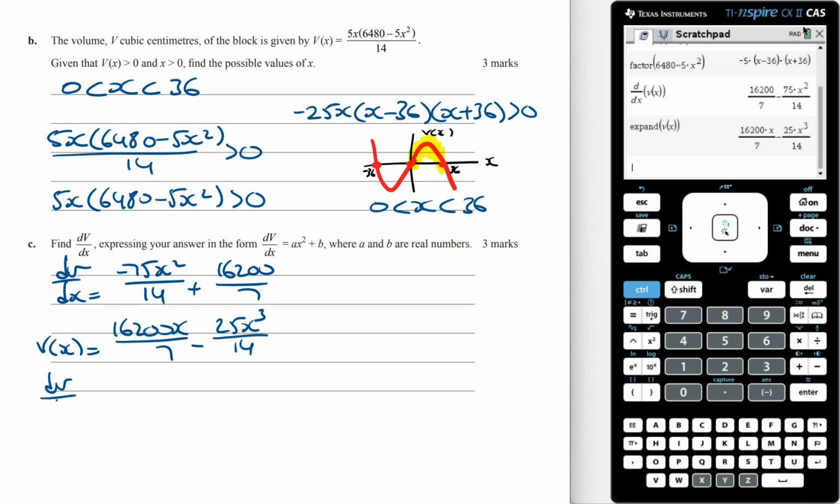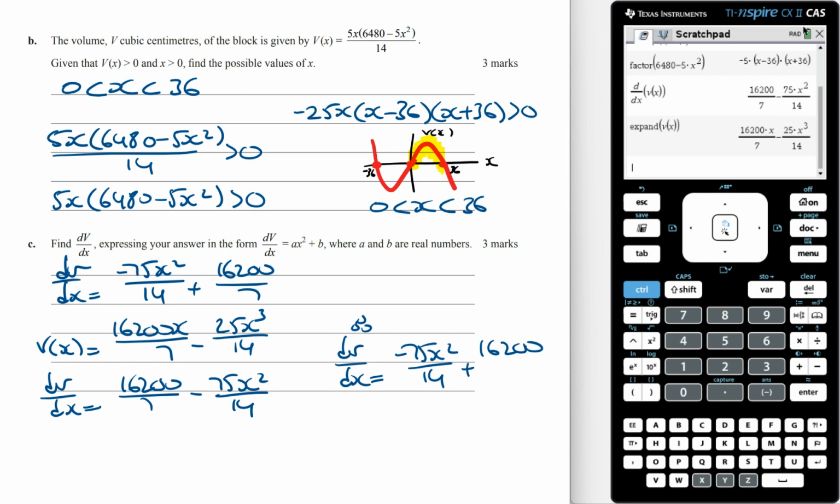And so deriving this using the power rule, this is just going to be 16,200 over 7 minus 75x squared over 14. And so rearranging this, we're going to get dv dx is equal to minus 75x squared over 14 plus 16,200 over 7 in the form required.